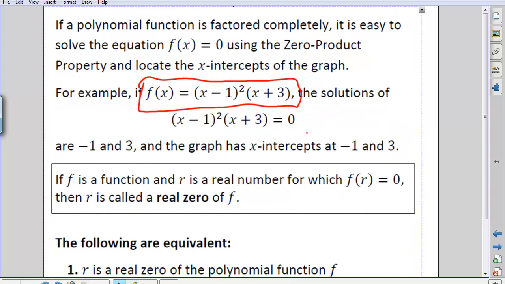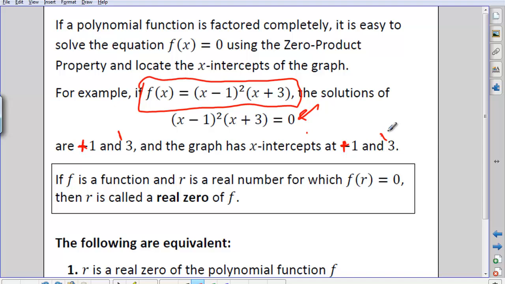Whoops. So if we set that polynomial equal to 0 and solve, we get the solutions. The solutions of that equation are also the zeros of that polynomial. There's actually a typo here. This should say the solutions here are a +1 and a -3.